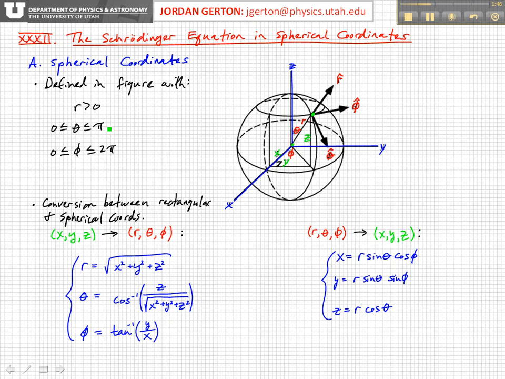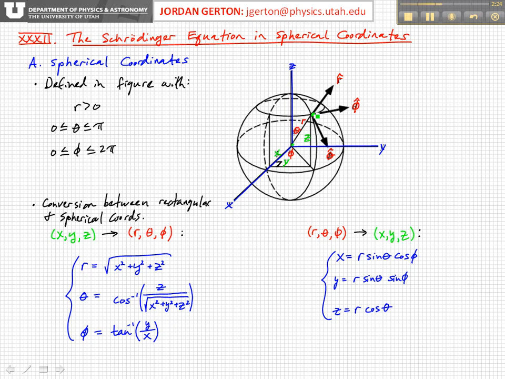Okay, as I've indicated here, and then if you drop a line from that point down to the xy plane, then we can define an angle phi with respect to the x-axis, okay, which can go all the way around, so phi is between 0 and 2 pi. And then r is just the distance from the origin to the point, okay.